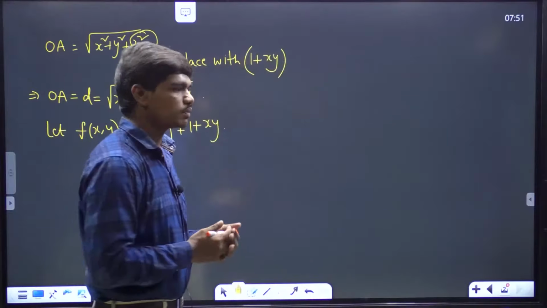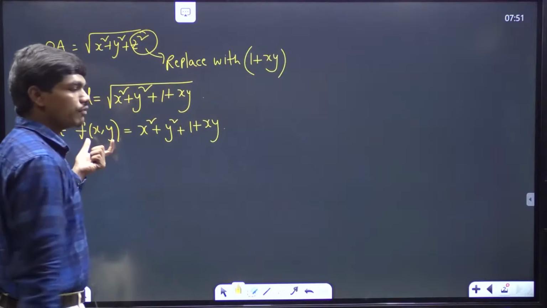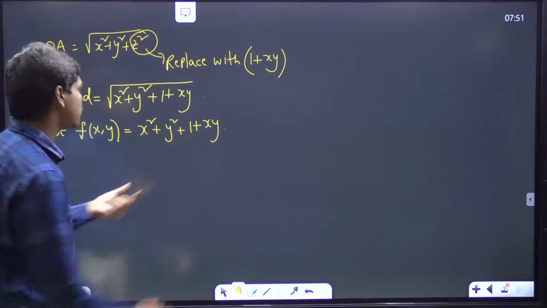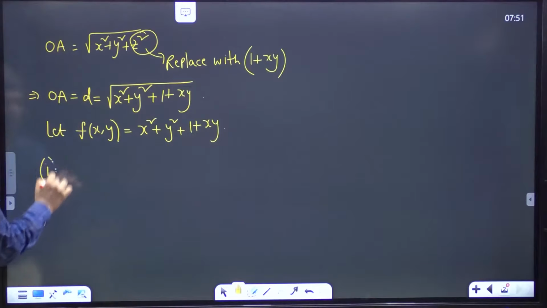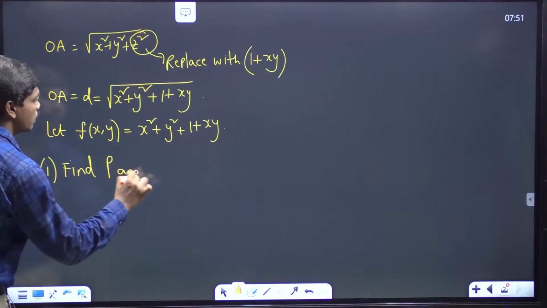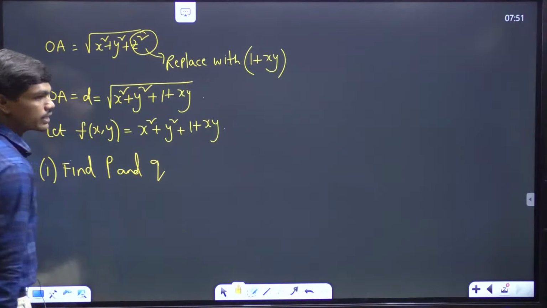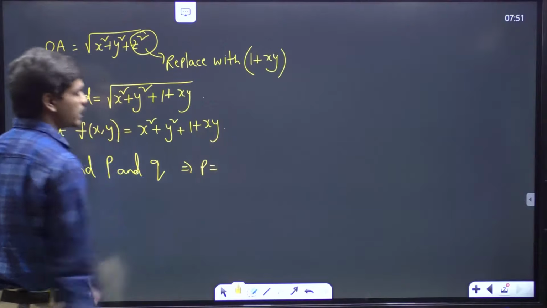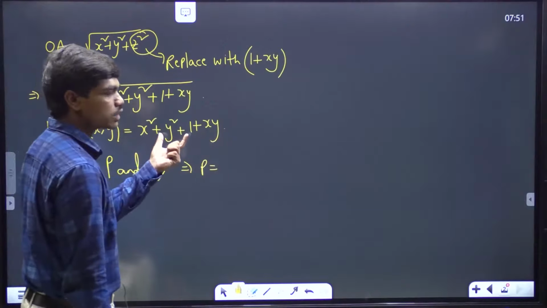If you recall yesterday's procedure, if I told you f of x comma y is a two-variable function, then the procedure to find maxima and minima is, first step, find p and q. Correct? What are p and q? Partial derivatives of f with respect to x and with respect to y. This implies p is equal to partial derivative of this function with respect to x.